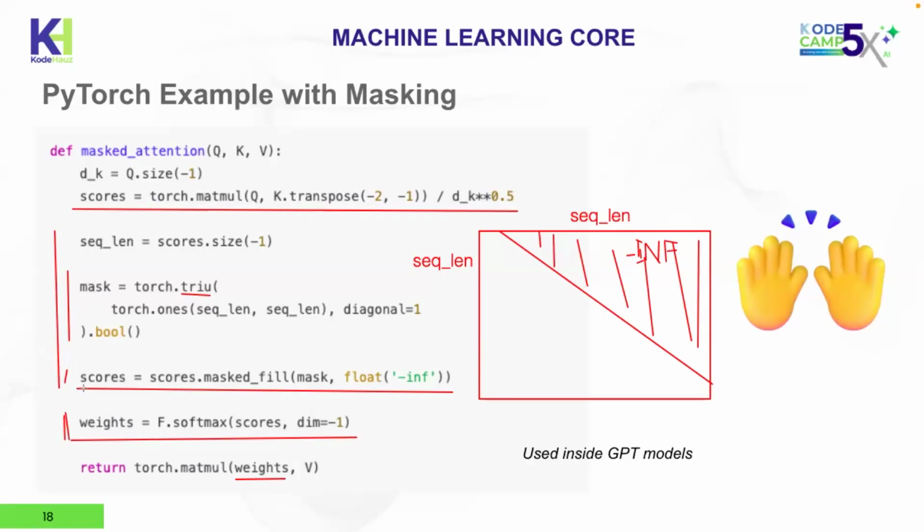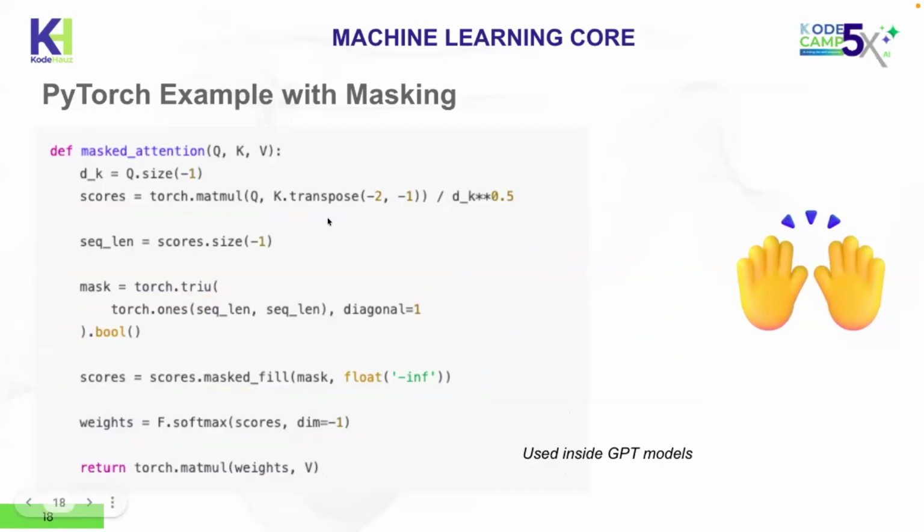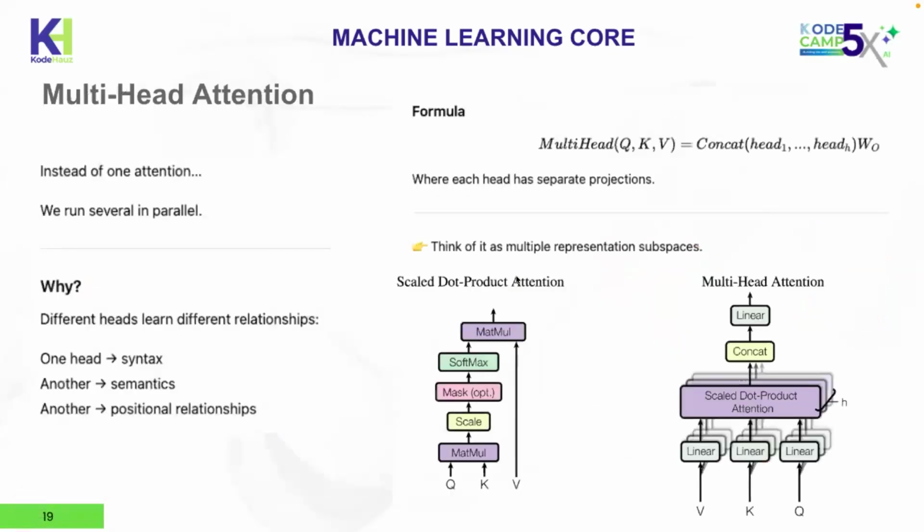So at the end of the day, you still have to do softmax, but by applying negative infinite value, anything above here becomes 0. That's what softmax would do. And then you apply those weights to V, which is the attention times V. So that's how you implement the masked attention, which is needed on the decoder side.